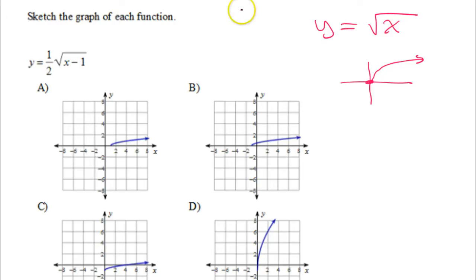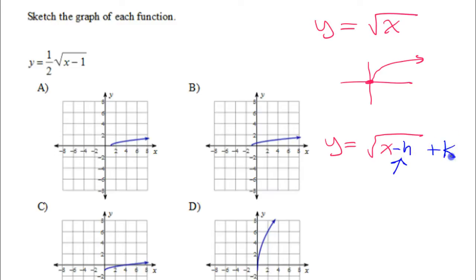Now, the next thing you need to understand is that if I take that basic parent function and make a couple modifications, for example, if I put a minus p plus q right here, that p, you know what, I shouldn't use p and q. I should use h and k because that's tradition.